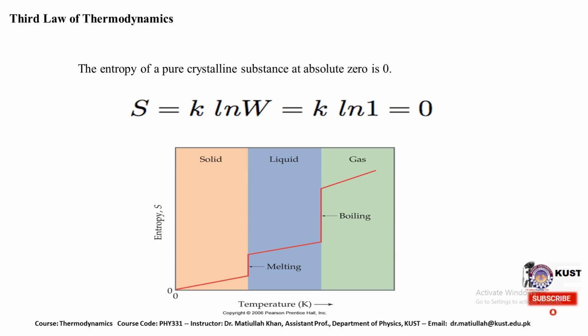This figure describes that the entropy of solids and liquids is smaller than the entropy of gases, and the entropy of any substance increases when we bring it from solid to liquid and then gaseous form.